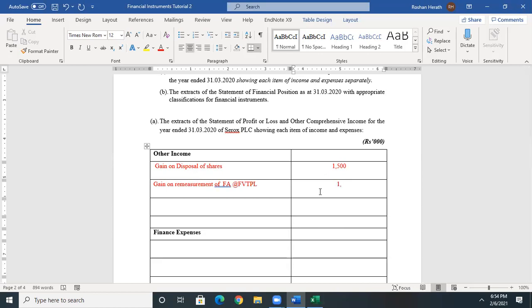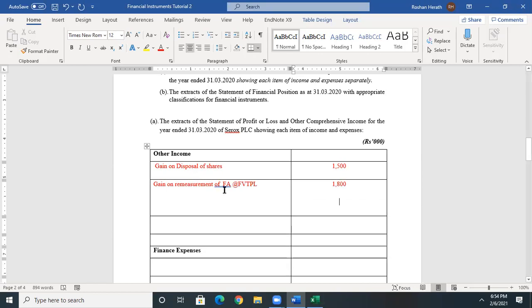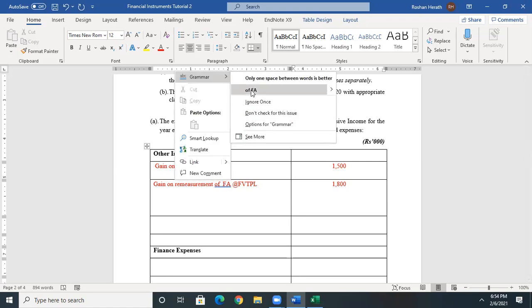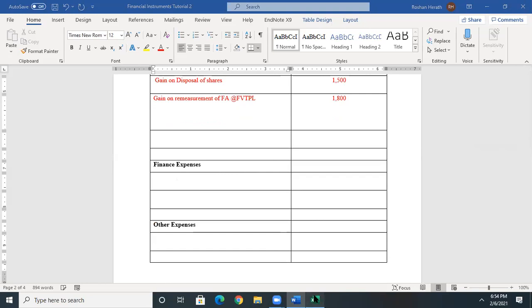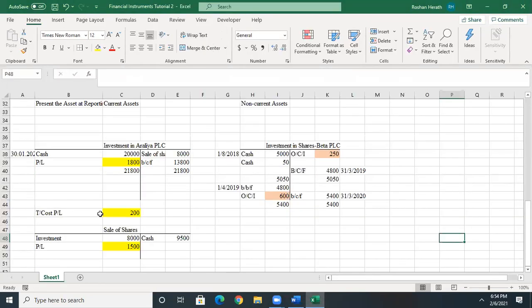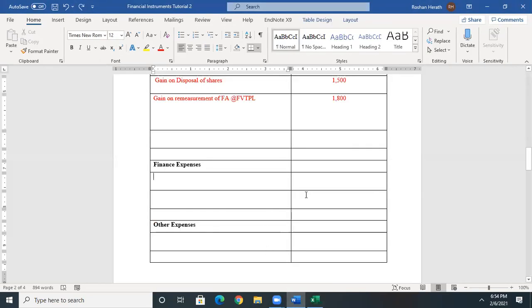It's 1,800. And there you had some transaction cost. It's going to be transaction cost 200. It's 200. So you take them.